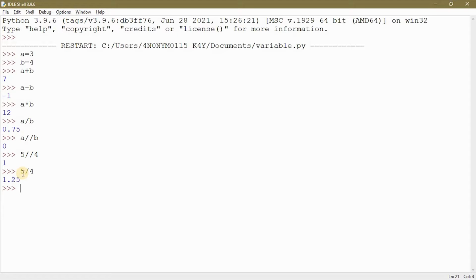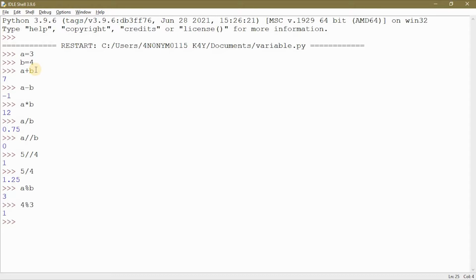The modulo will actually give us the remainder, and the percentage sign is the symbol for it. A modulo b gives us 3, because the remainder of 3 divided by 4 is definitely 3. Let me say 4 modulo 3 is 1, and that's the modulo.